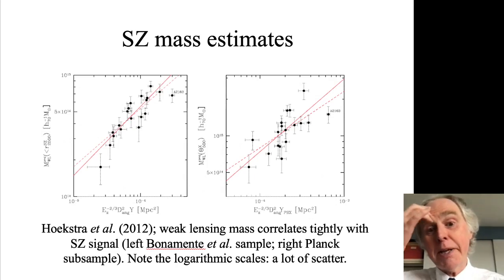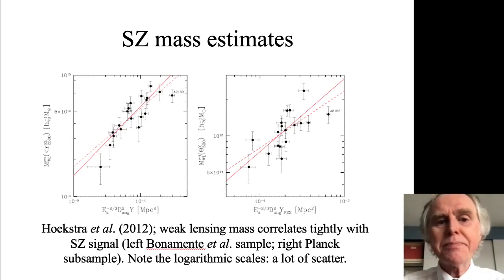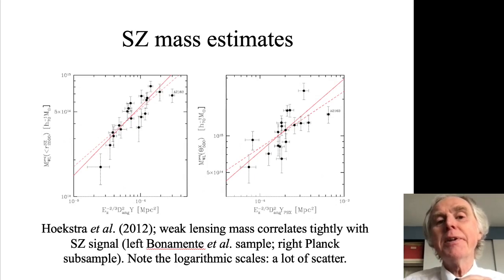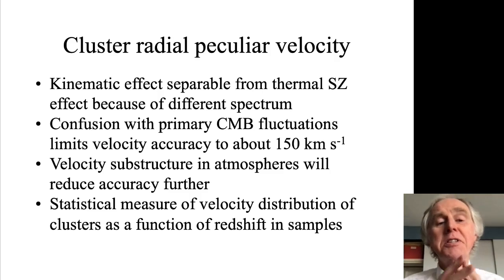On the right, it's a Planck subsample for which the lensing data weren't quite so good. There's more scatter. There is quite a lot of scatter in these relations, it should be admitted, perhaps because the material that's being integrated over in the Planck sample is much more than the virialized part, whereas it isn't in the other one.